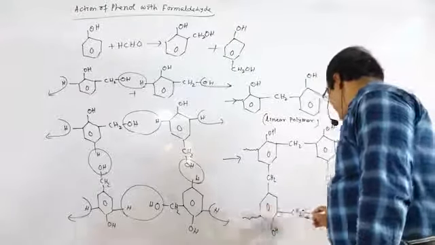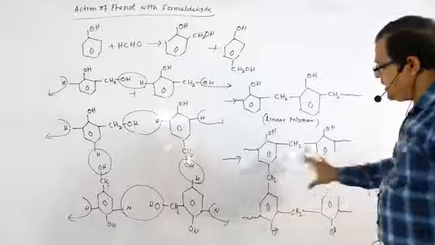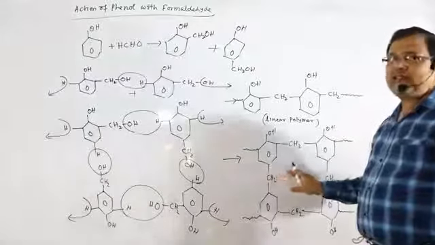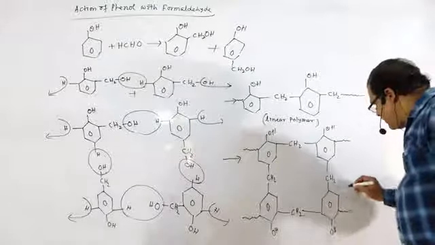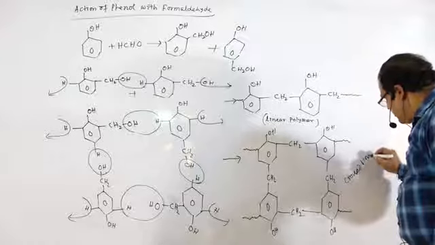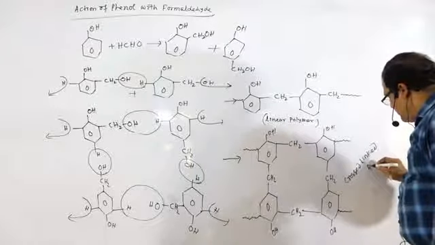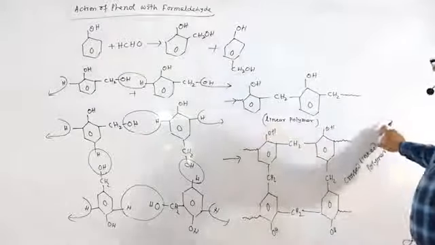This means the chain will go on this side and that side. So that is the formation of the cross-linked polymer. Cross-linked polymer will be found.